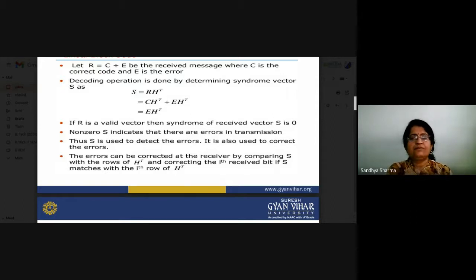You compute the syndrome S and correct the ith received bit if S matches the ith row of H transpose. If something matches the syndrome S, which is a non-zero element, it means there is an error, and then you can calculate that error by multiplying the error vector E with H transpose.